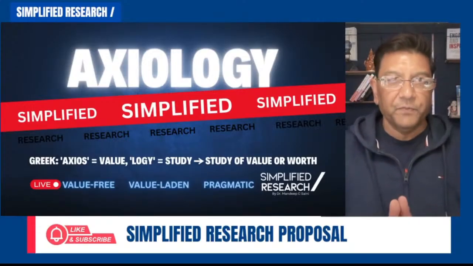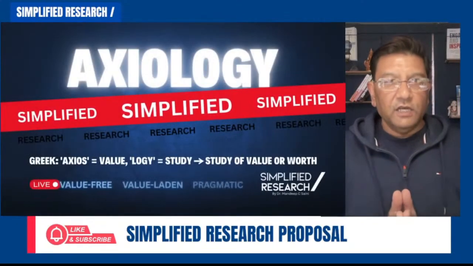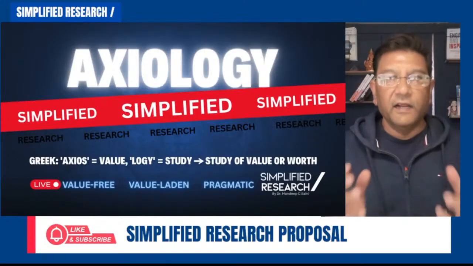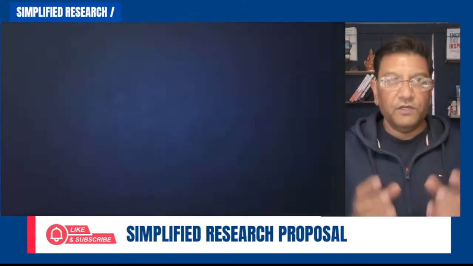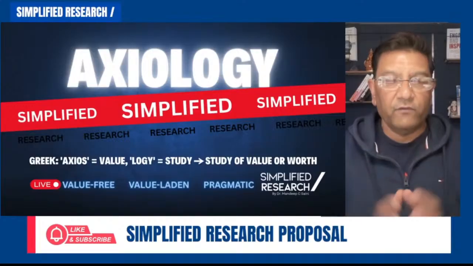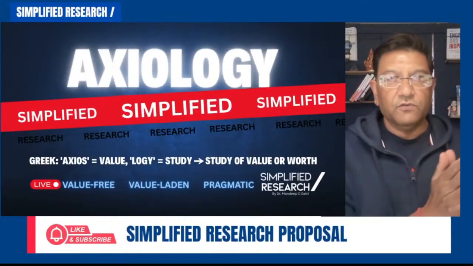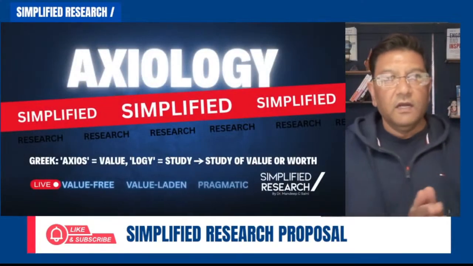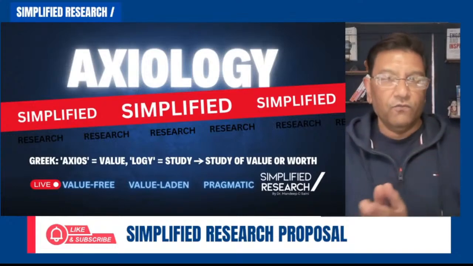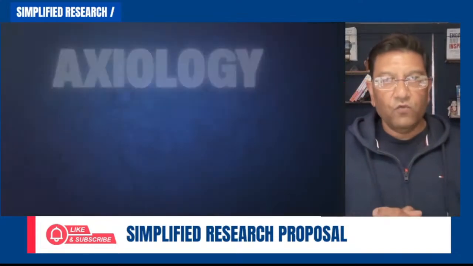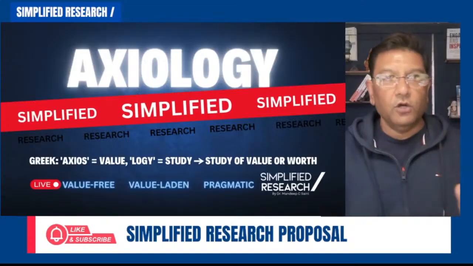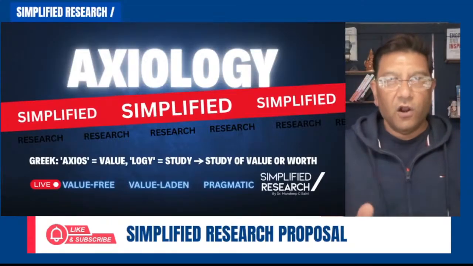Now, axiology is again a Greek word. The research philosophy comes from the Greek language. The word philosophy is philo and sophia, that is love for wisdom. The second one is ontology, which is ontos and logy.